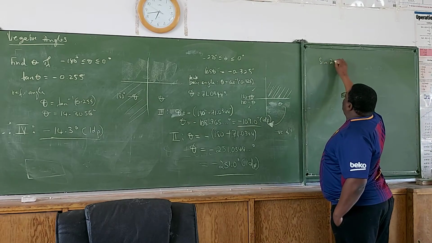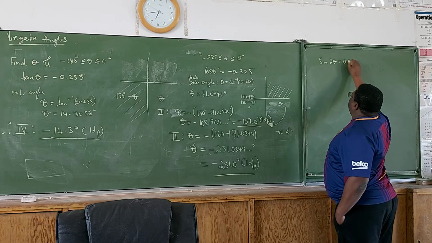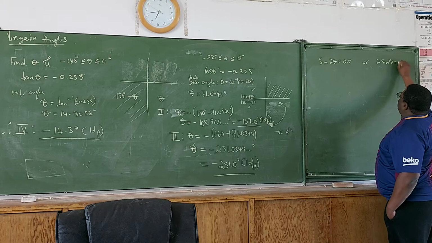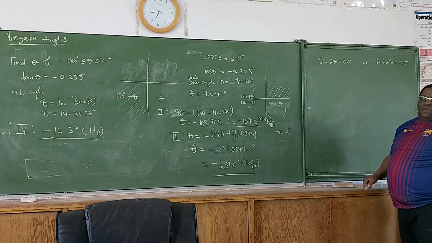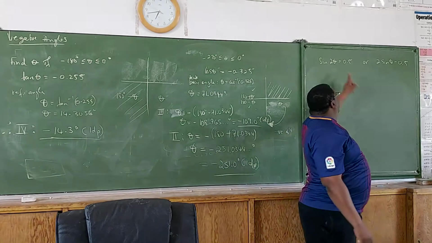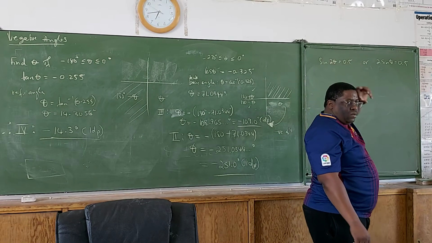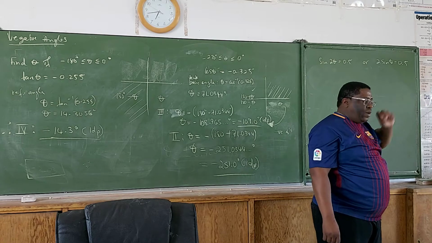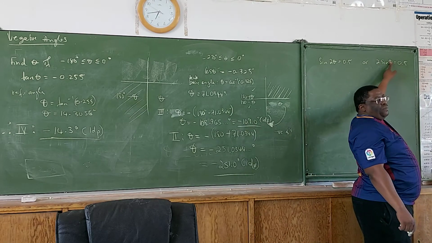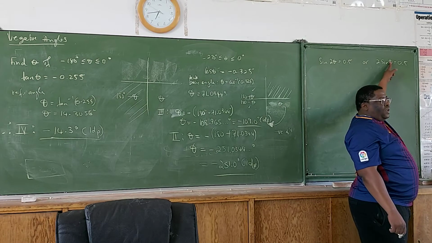Sine 2 theta equals 0.5, or 2 sine theta equals 0.5. There is a fundamental difference here. The double angle affects the period of the graph when you have it as a function. In the other one, the period is just going to be the same, 360 degrees; the 2 is the amplitude.